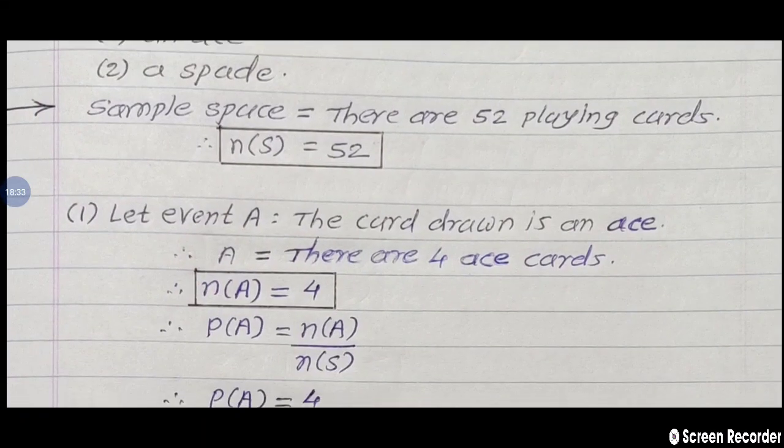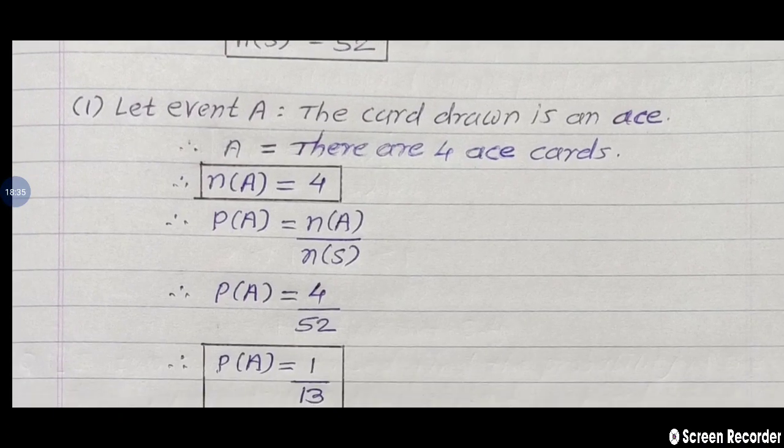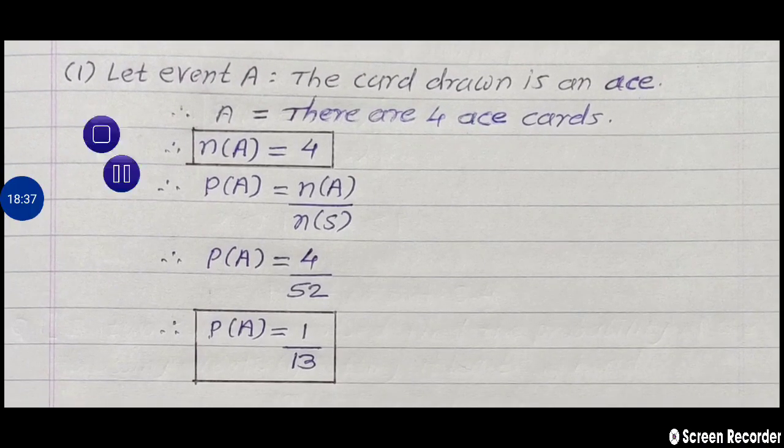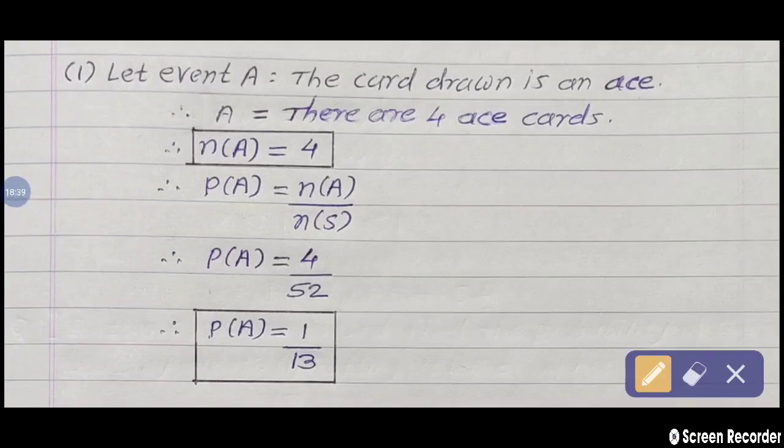Then find out the probability. So probability of this event A is equal to n of A divided by n of S. Substitute the value. N of A is 4, divided by, how many sample points in sample space? 52. 4 and 52 are divisible by 4. 4 ones are 4, 52 divided by 4 means 13. 13 4s are 52.